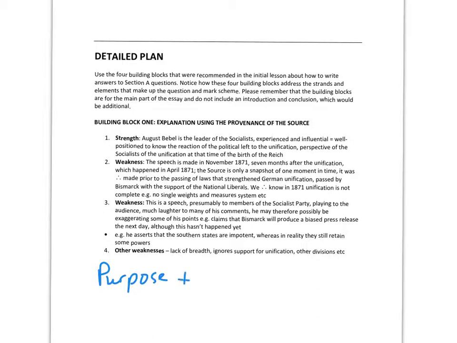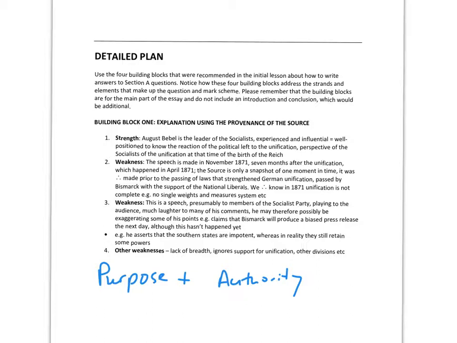And you've also got to ask questions about the authority of the source. In other words, is the author in a position to know what he or she is speaking or writing about? And you've got to make it balanced. You've got to evaluate, which means you've got to consider both the strengths and the weaknesses with regards to purpose and authority.